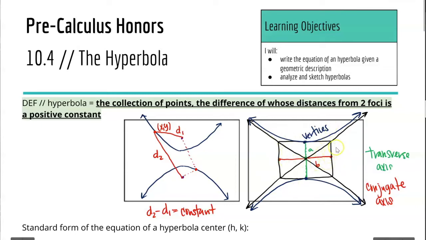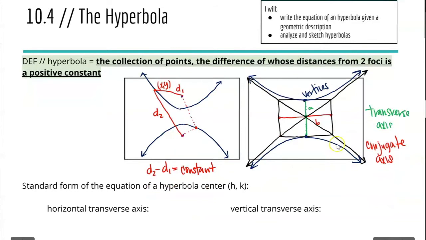All right, so here are the two different forms that they'll take. If it's horizontal, you'll see the x stuff first, so it'll be x minus h squared over a squared, and then minus the y stuff, y minus k squared over b squared, and that whole thing is equal to 1.